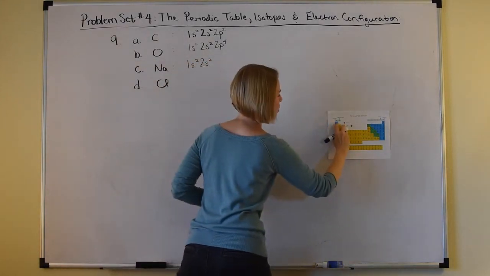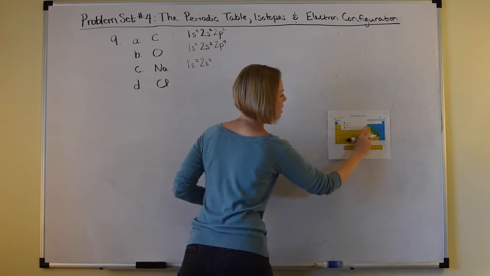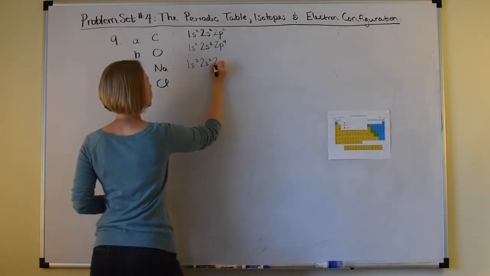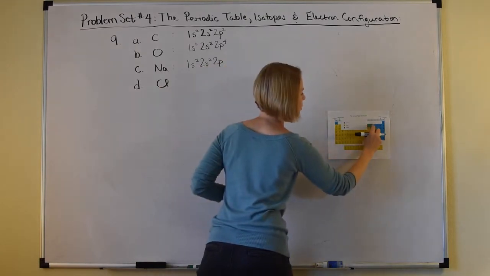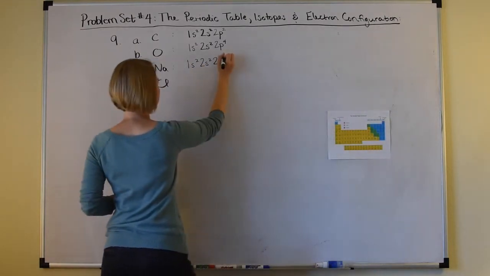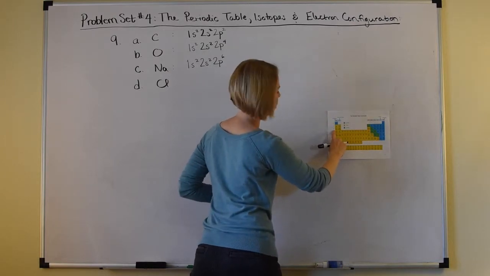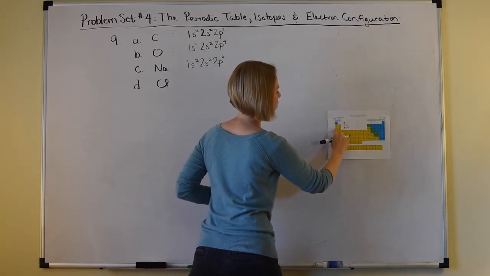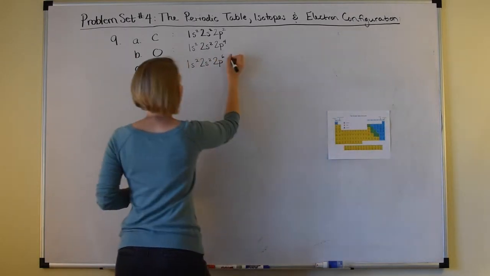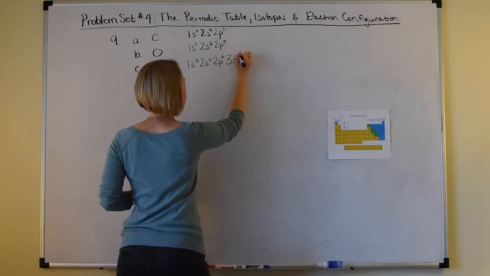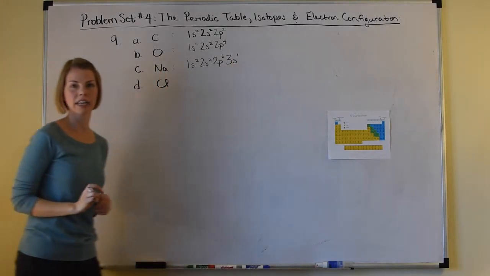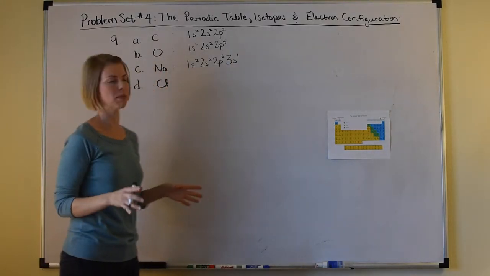Now we're in the 2p, 1, 2, 3, 4, 5, 6. It's full. Keep going. 3, we're in the third energy level, S sublevel. 1 element here to get to sodium. So 3s1. Just 1 electron in that third energy level, S sublevel.